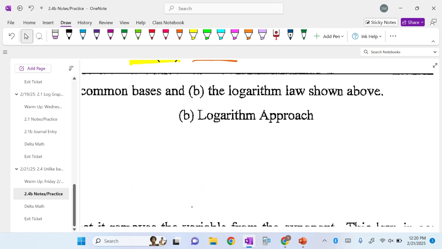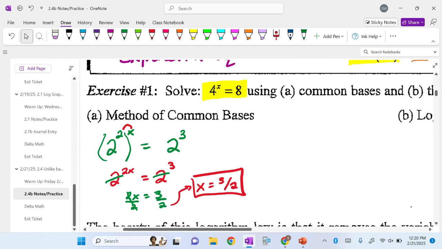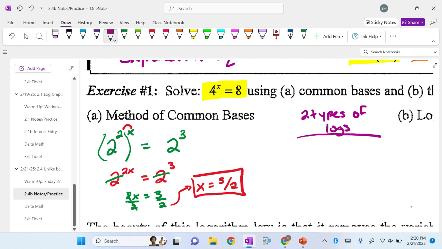So with the logarithm approach, there are 2 types of logs that you typically use. We can either use the common log, which is just log of x.